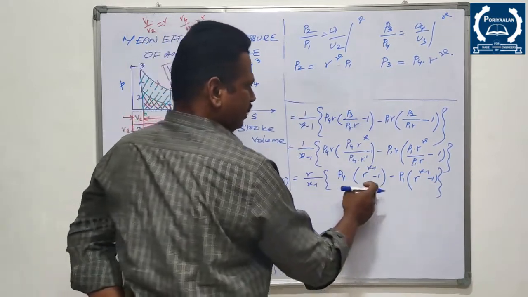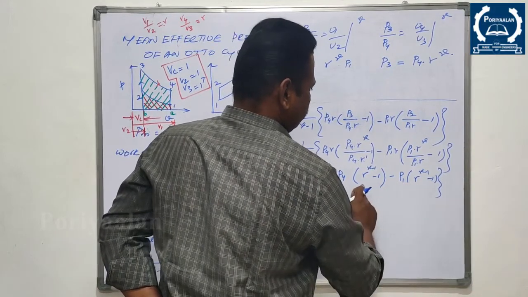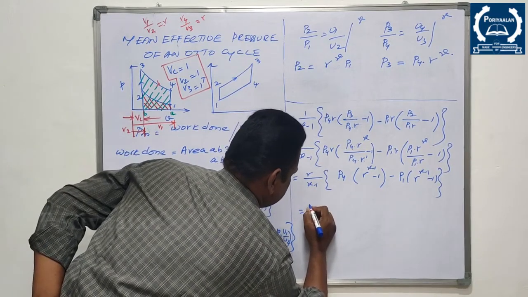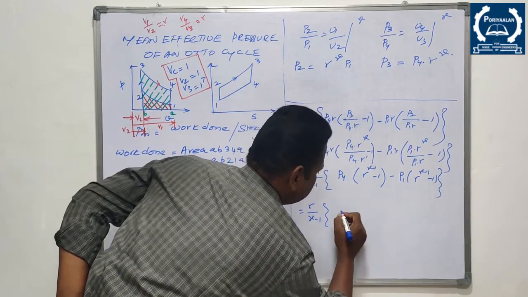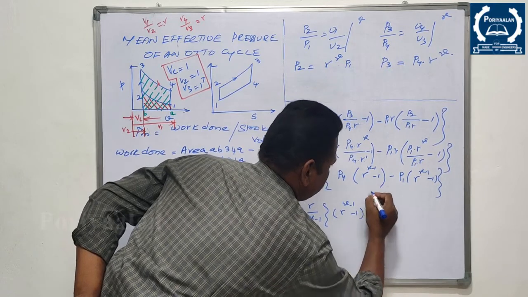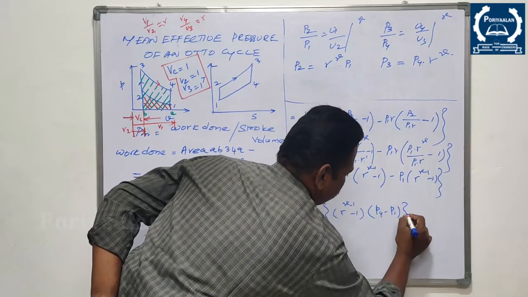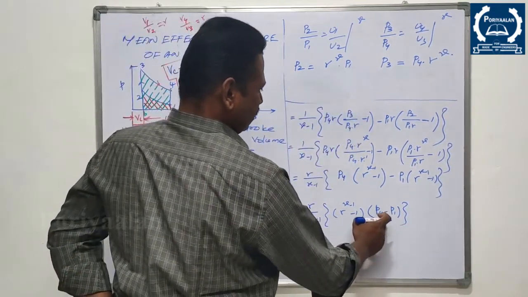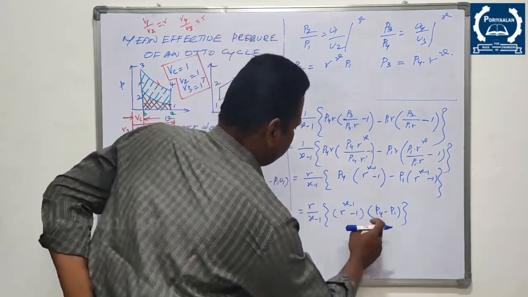So from these two factors I can take r power gamma minus 1 minus 1 as a common factor. So r by gamma minus 1 multiplied with r power gamma minus 1 minus 1 into P4 minus P1. From the second factor, I can take P1 outside.